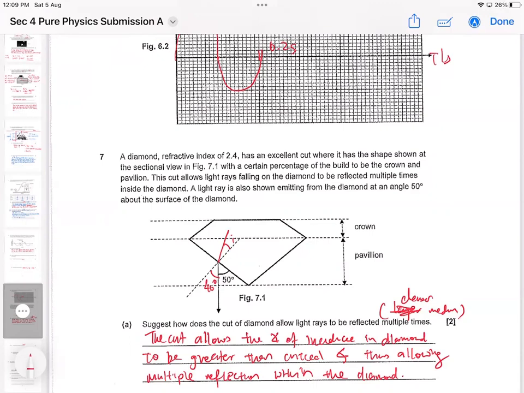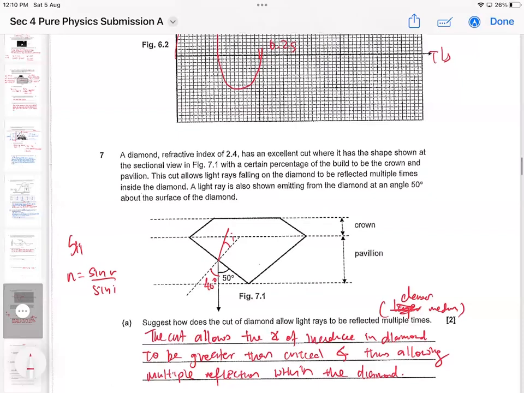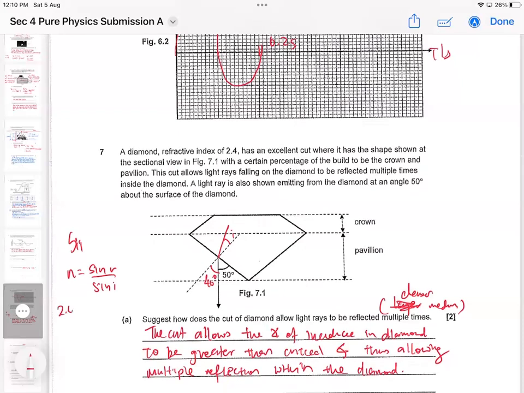So for part B 2, it will be n equals sine r over sine i. The refractive index, I think, is 2.4, right? 2.4. So I'll have 2.4 equals sine 40 over sine i.